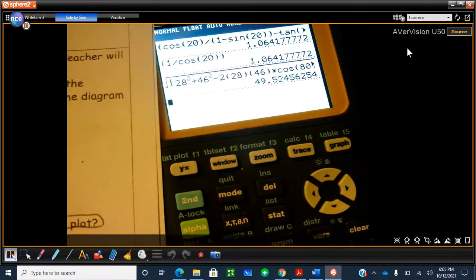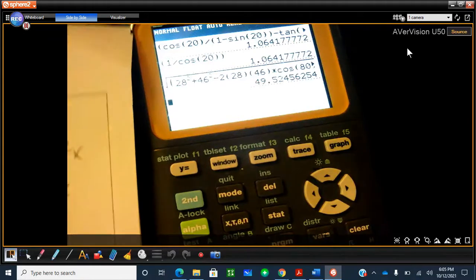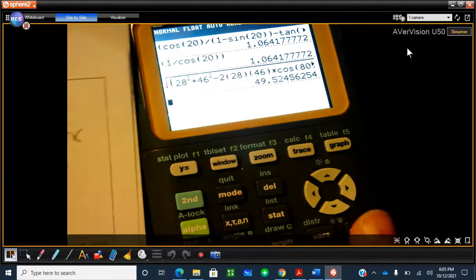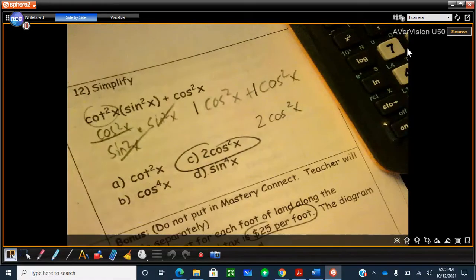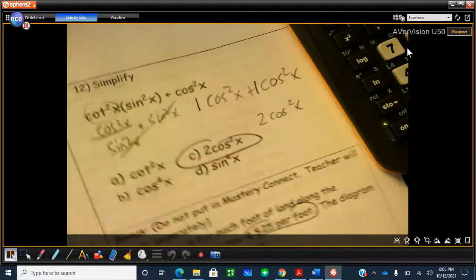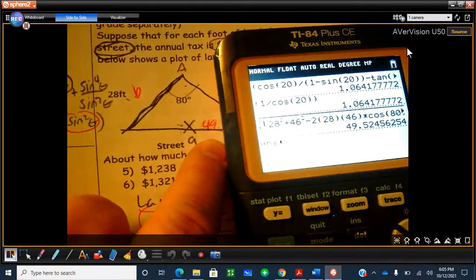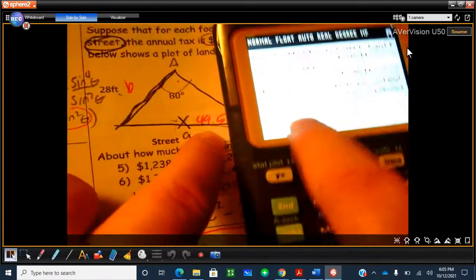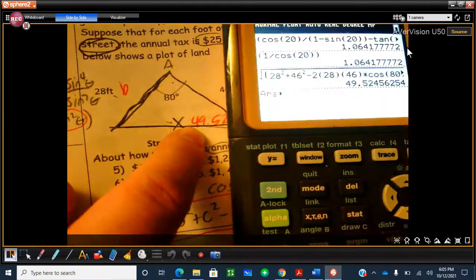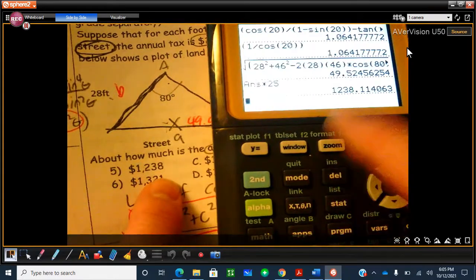And I get 49.525. And then I'm going to multiply this. One thing I like about the TI is I could just push times. And I'm going to multiply that by $25. And I get $12.38 exactly.